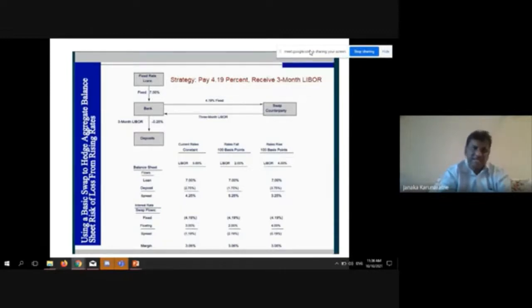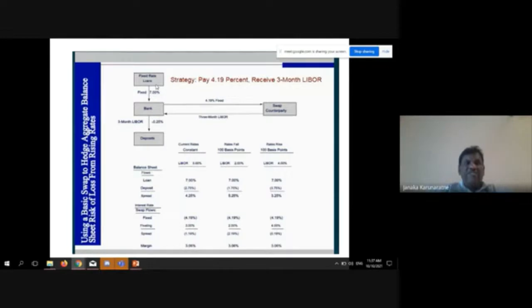So let's look at an example of a basic swap to hedge aggregate balance sheet risk of loss from rising interest rates. This example hedges against rising interest rates for the entire balance sheet using a basic swap. Now, assume a scenario.